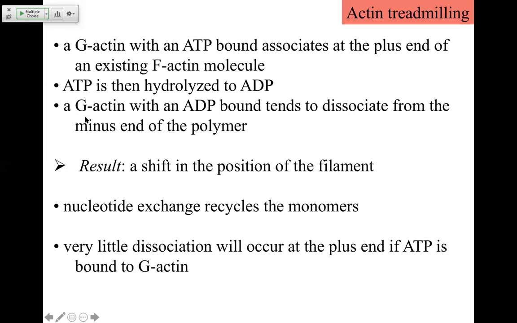And a G-actin that is bound to an ADP does not have the same affinity for other monomers, and so tends to dissociate.